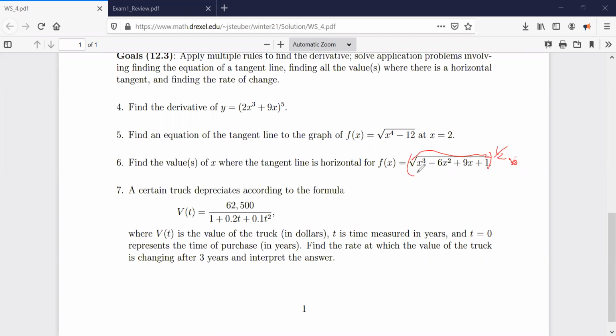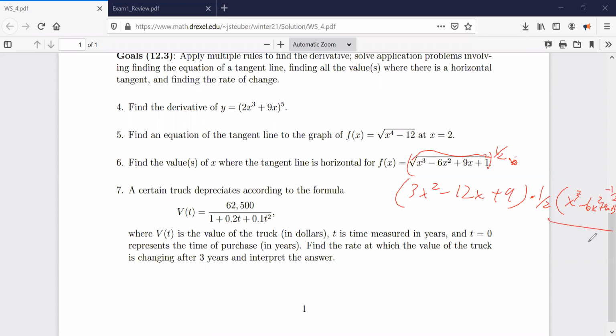Then I do the derivative of the inside, so that's 3x squared minus 12x plus 9. And then the outside becomes times 1/2 times the original thing, x cubed minus 6x squared plus 9x plus 1, all to the negative 1/2 now.